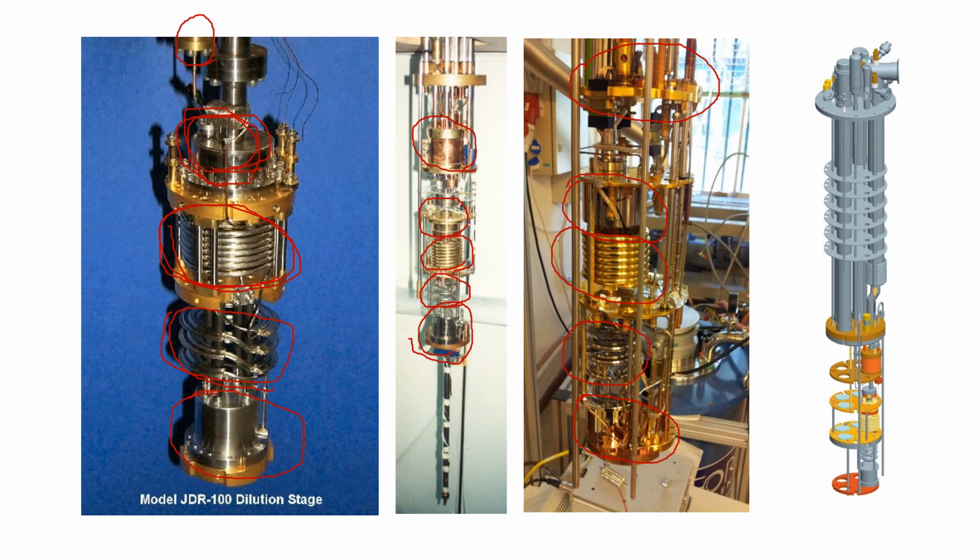This figure also shows the same structure. There is the mixing chamber, step heat exchangers, and a continuous heat exchanger. This might be the still, and this is a 4 pot.